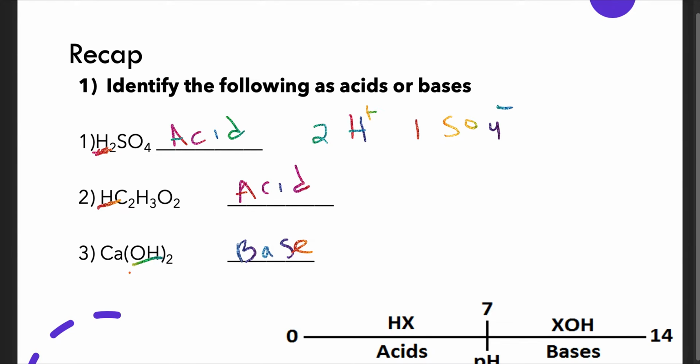If we look at a base, we're going to have a calcium ion form and two hydroxide ions form. So this is what we're really looking at: the ions that are formed in the solution when it dissociates. How do we know what's an acid or a base? When it forms hydrogen ions, it's going to be an acid. Hydroxide, it's going to be a base.